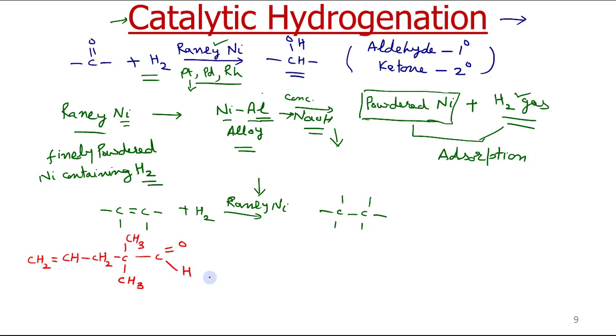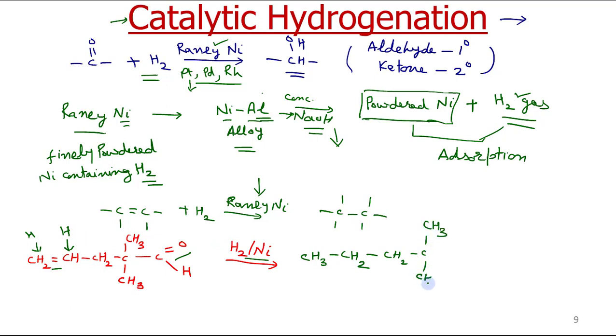Suppose we have this aldehyde, and if we first do the catalytic hydrogenation with H2 and nickel, the product will be, as it can reduce both C double bond C as well as C double bond O, CH3 CH2, one hydrogen will be added here, one hydrogen will be added here, CH3 CH2 CH2 CH2 OH. This will be the product.